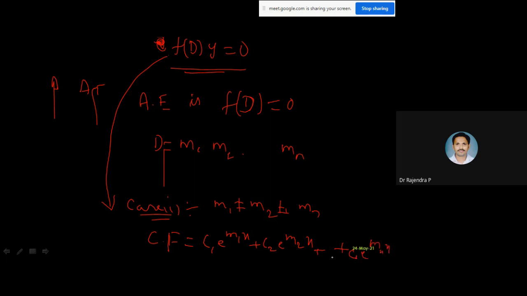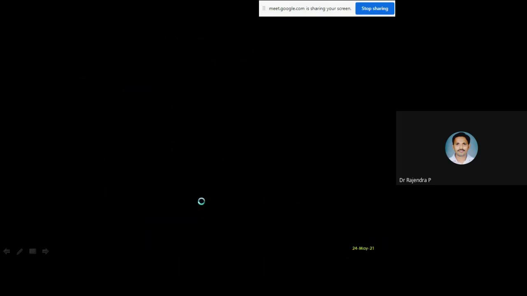We have to add n arbitrary constants here, C1 to Cn, because n roots are there. All roots are written in exponential form. This is case 1, when roots are real and distinct.